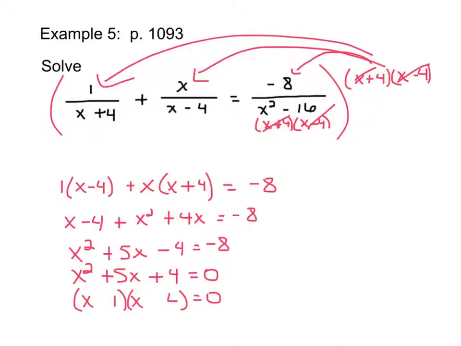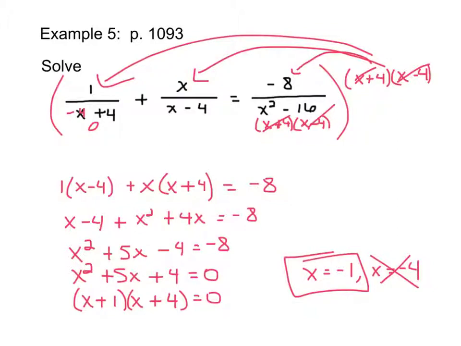So I'm going to do 1 times 4 to get the 5. So then x equals negative 1 and x equals negative 4. So if I plug those answers back in, then negative 4 plus 4 will give me 0, so that one won't work. But a negative 1 is okay, it's not going to make anything 0. So negative 1 is the only solution.